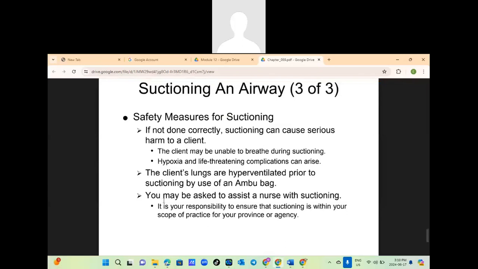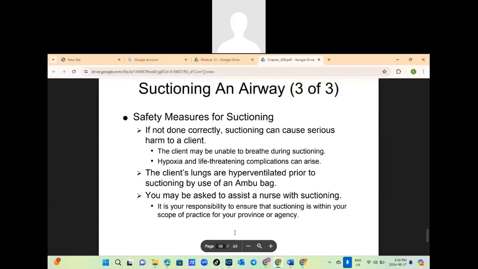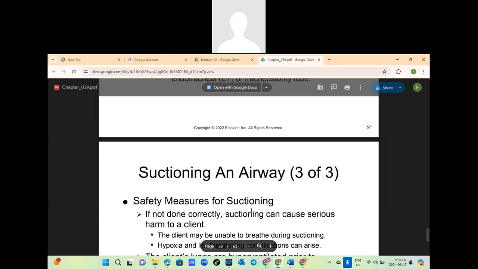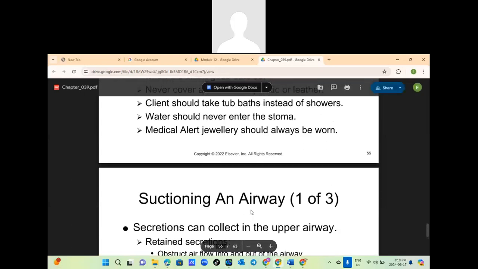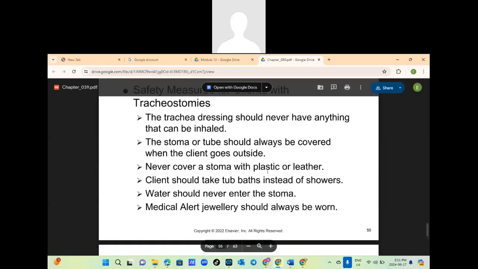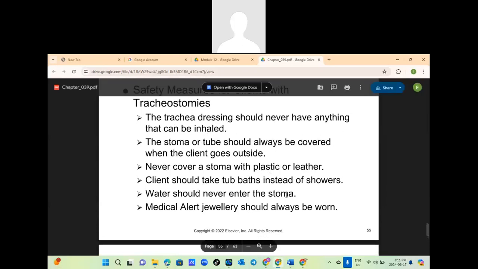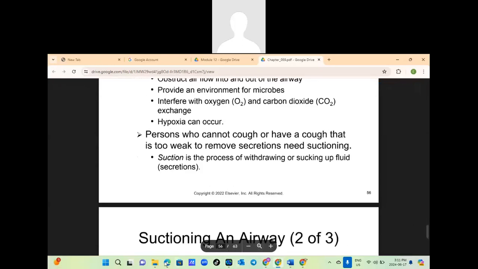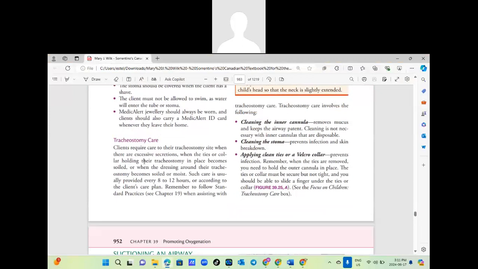Again, it should never be covered with plastic or leather. So let's go to tracheostomy care. Let's go to our book. Tracheostomy care.